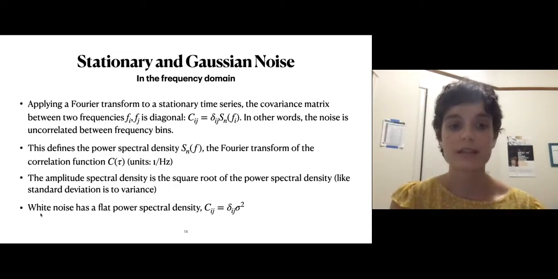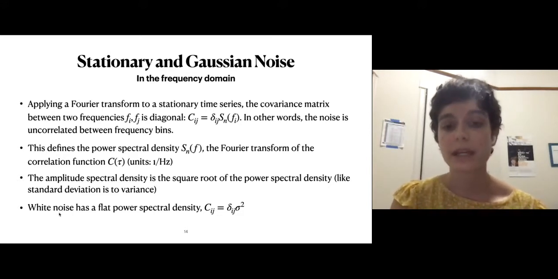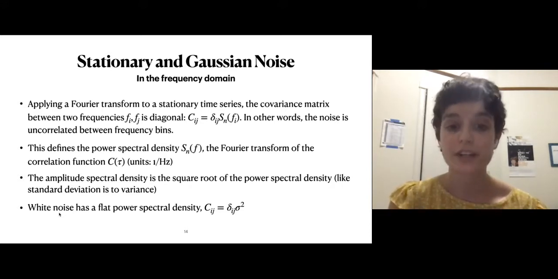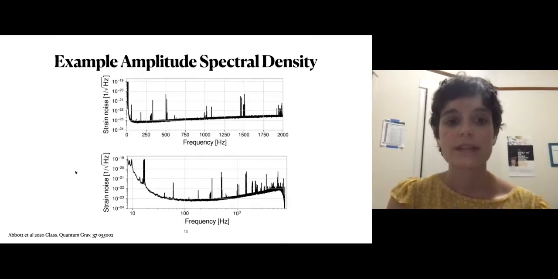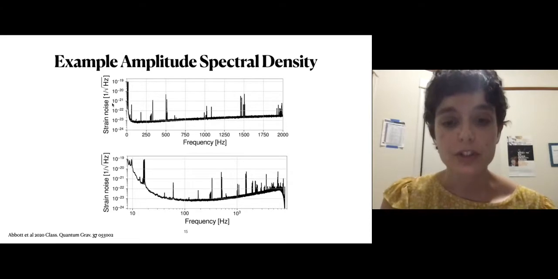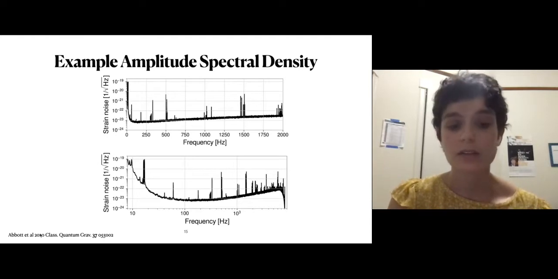The noise is stationary and it's Gaussian, but it's not white, meaning the noise at different frequencies is different, has a different variance in different frequency bins. So we can see that here, actually. Here is an example of an amplitude spectral density. This is from this paper, which you can check out.